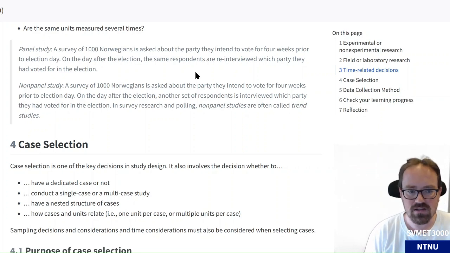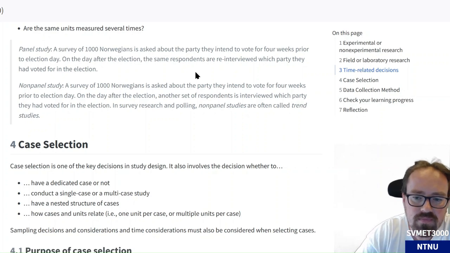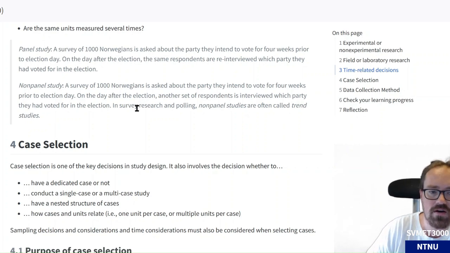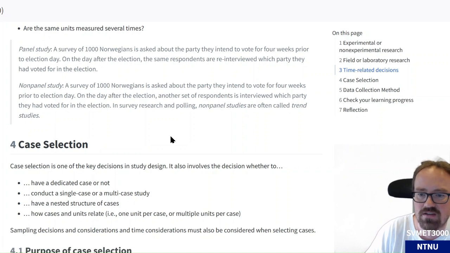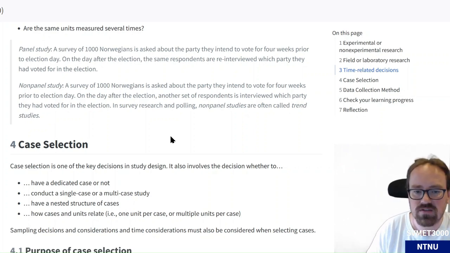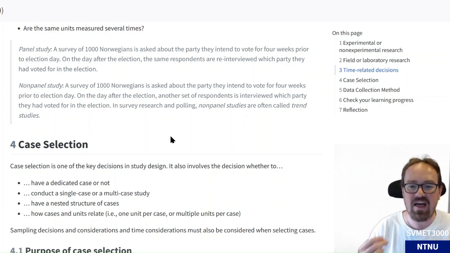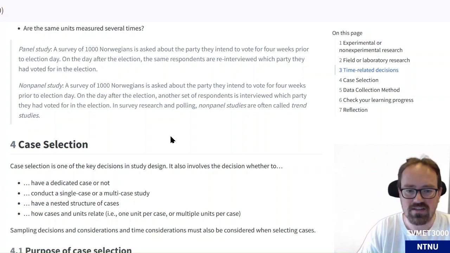Take a non-panel study or so-called trend survey. In contrast, here a survey of 1,000 Norwegians is also asked about the party they intend to vote for 4 weeks prior to election day. And on the day after the election, again a survey occurs, but it's another set of respondents, a different set of respondents, and they tell you which party they had voted for in that election.